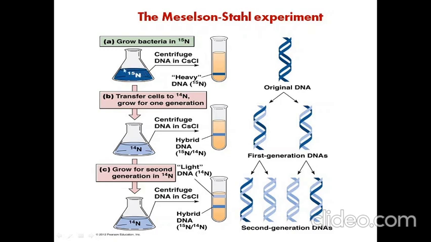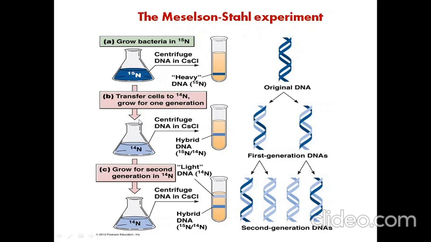After the first round of replication, this colony was centrifuged in a cesium chloride density gradient centrifuge, and a band was observed at the bottom of the tube. After some time, these cells were transferred to the N14 medium and grown for one generation.